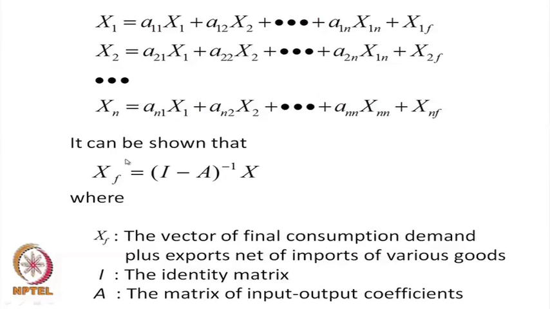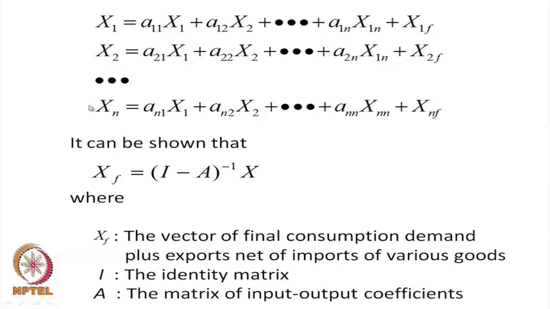and x1 contains A11 times x1, and therefore, if we take it this side, it becomes 1 minus A11 into x1 is equal to this. Therefore, it can be shown that the final consumption demand vector Xf is I minus A inverse into x.